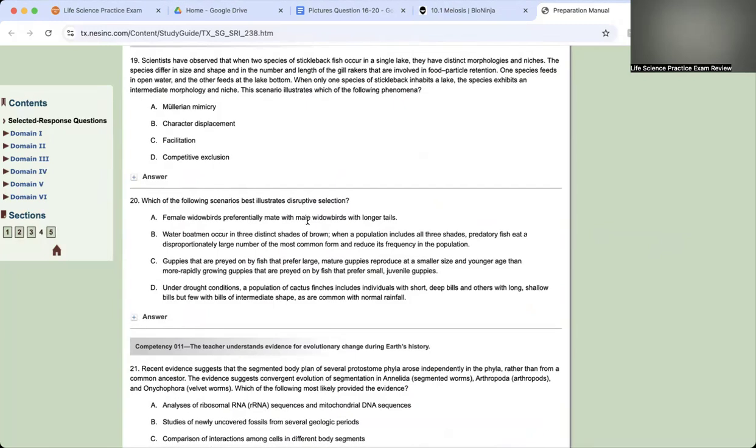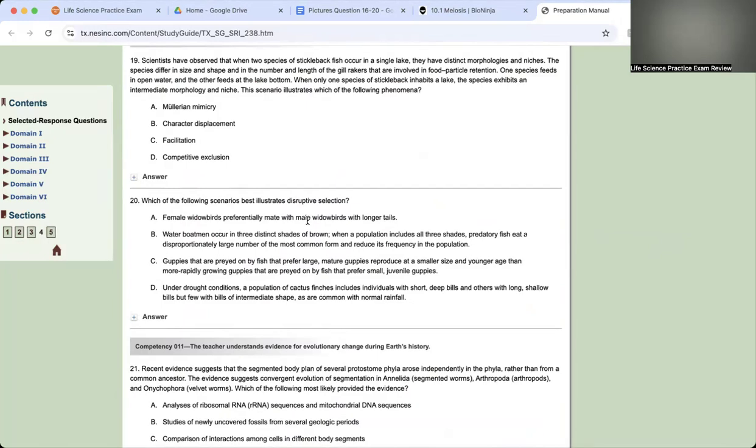Which is basically what they're saying here. When they exist together, these two fish develop differences and feed in different locations, open water versus the bottom. But when there's only one, they develop intermediate morphology and niches to be able to access all of the resources available to them.